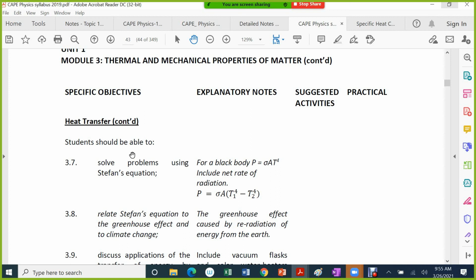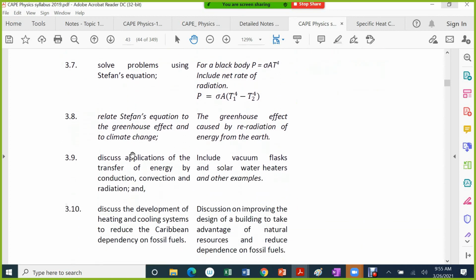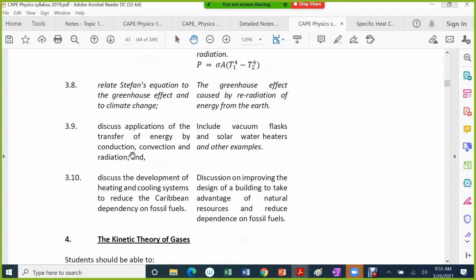Where Stefan was able to find out certain things that relate to black body radiation. Because whenever radiation is occurring, it's basically electromagnetic radiation that is being given off, essentially light. So he was able to measure some things as it pertains to that, and you'll see it at some point.